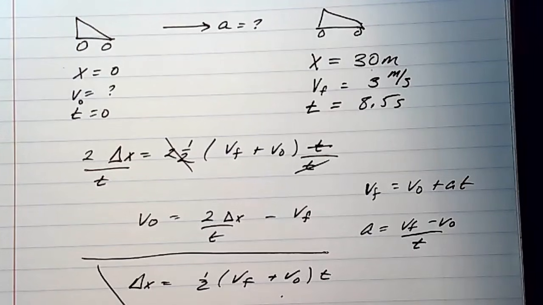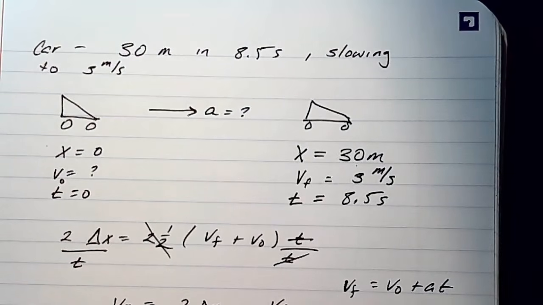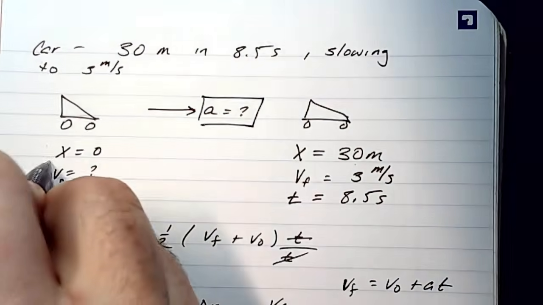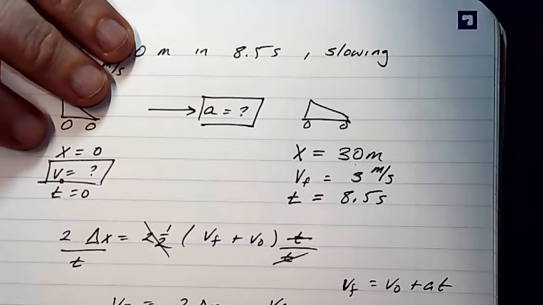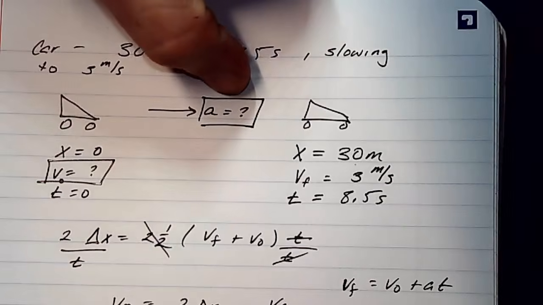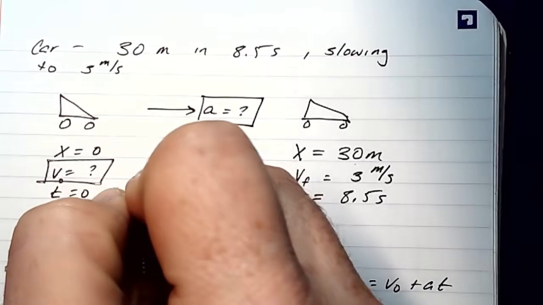So again, with what we're doing, you have a problem. Note the things that you don't know, right? Whether they're goals or not goals, whether you want to know them or not, note what they are, right? And say, I want to find V initial. I want to find the initial velocity. I don't know the acceleration. That eliminates 3/4 of the equations, because 3 of them use the acceleration, 1 of them doesn't, and so we use the one that doesn't.